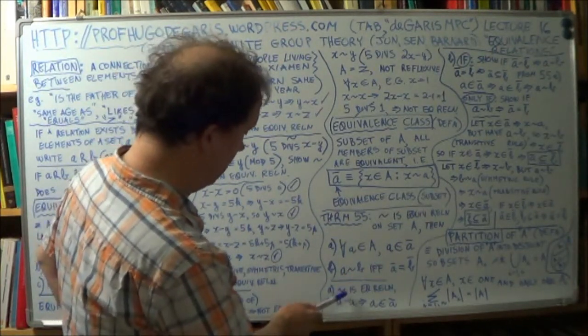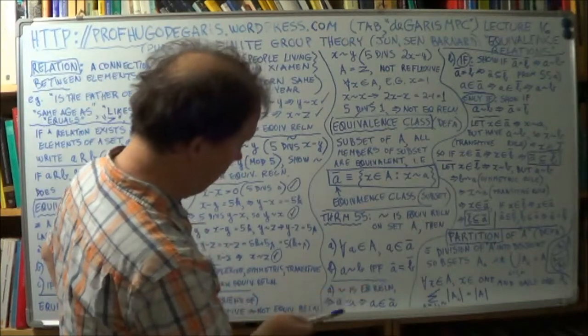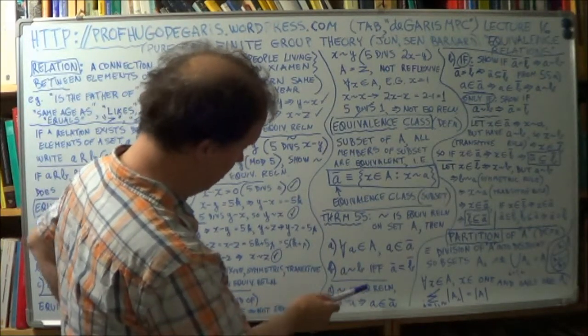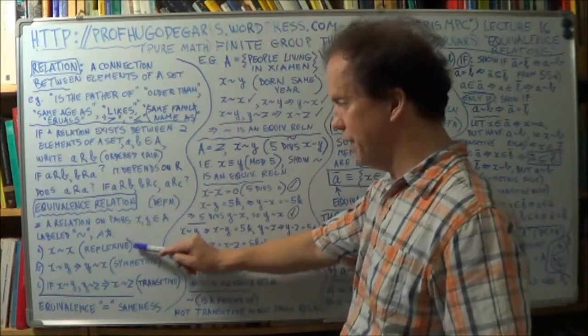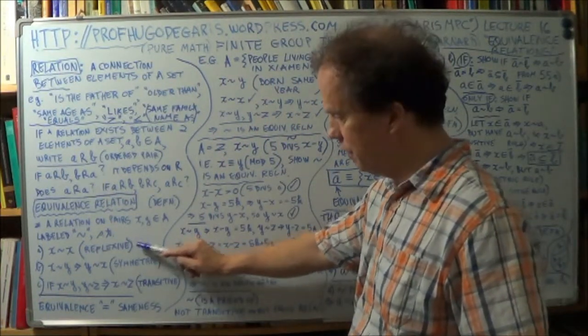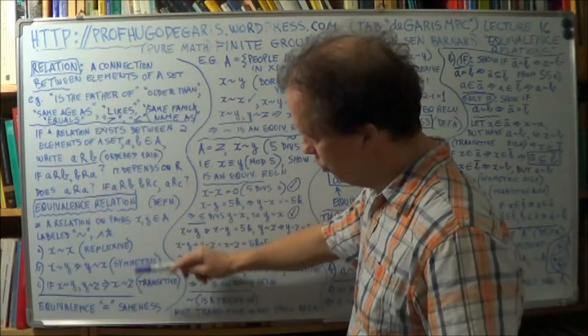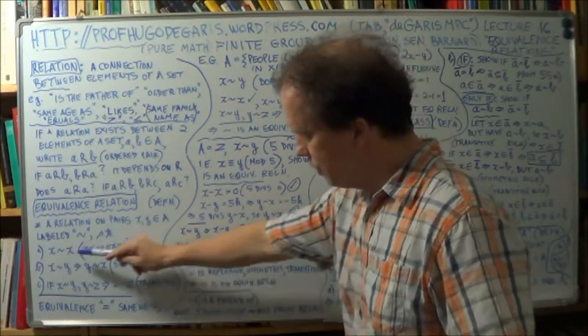So now A is an equivalence relation, and therefore the reflexive property is true. Right? Well, all three are true, but that includes this one.